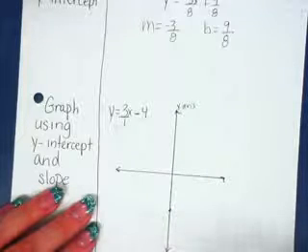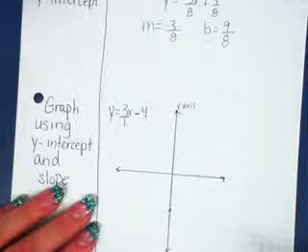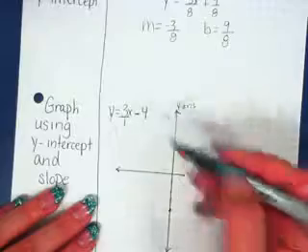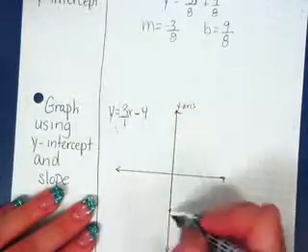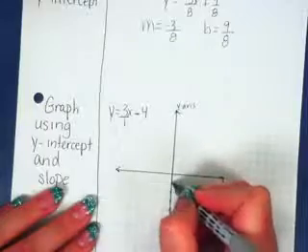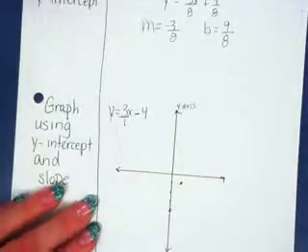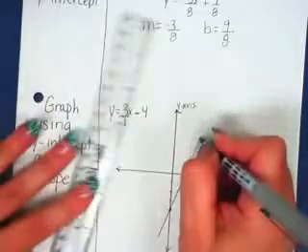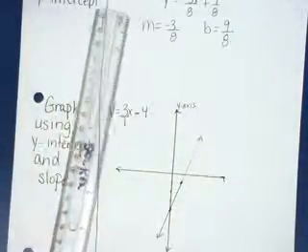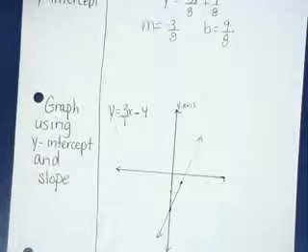Anytime you want, you can put that 1 underneath so that then you can say rise over run. Rise is up 3 over 1. They're both positive. 1, 2, 3 over 1. I now have 2 points.